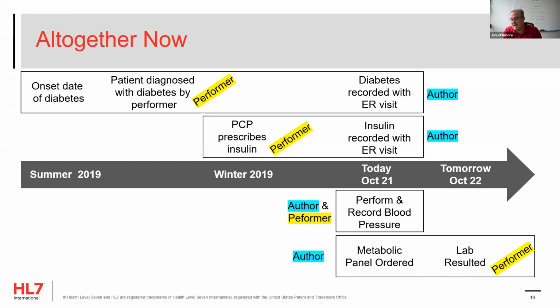Whoever resulted the lab is there forever. The authors of that information, though, could certainly change over time as that information gets recycled and put into different records, or, thinking forward a little bit, you think about resources in FHIR. You might have multiple different places that the same content gets stored with different authors, but the performers are a little bit less mutable from that context.